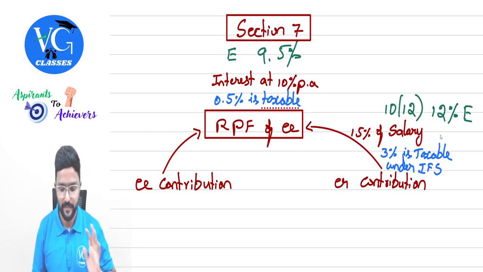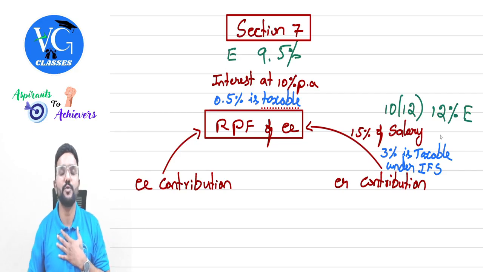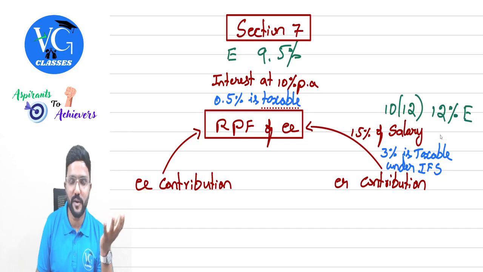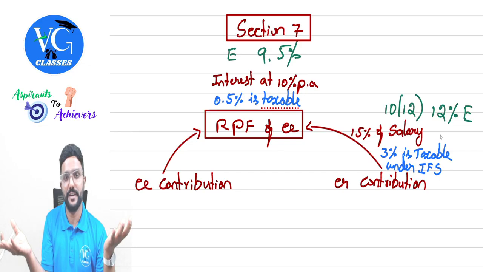Same way. Now, if an unrecognized provident fund is opened in the name of the employee, then when the amount is withdrawn, it is fully taxable. But what if the employer opened an unrecognized provident fund, but after a few years, they are converting that into a recognized provident fund?